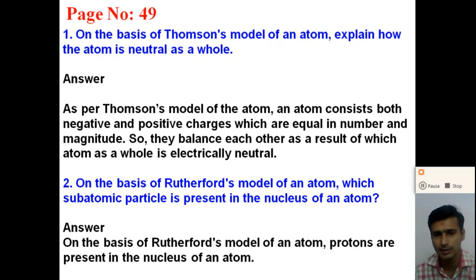So the positive charge is present in the nucleus. We consider the proton as the positive charge, so protons are present in the nucleus of the atom, right? So understand the answers of both questions.